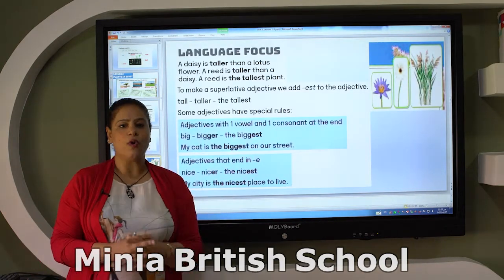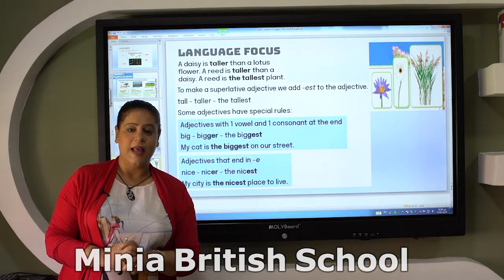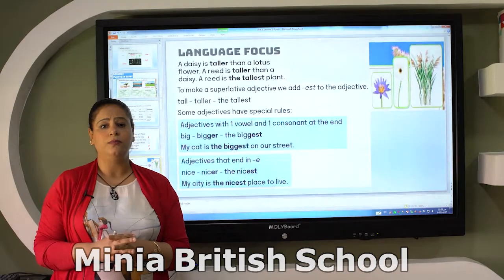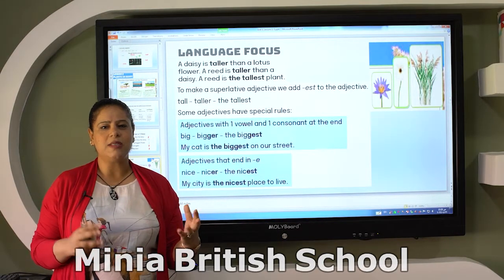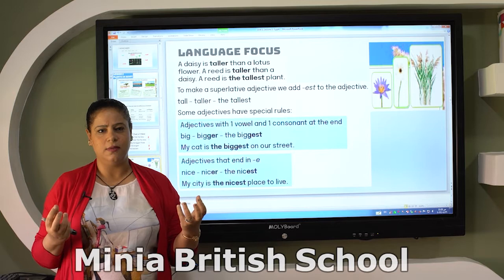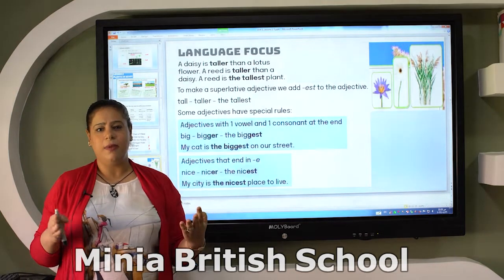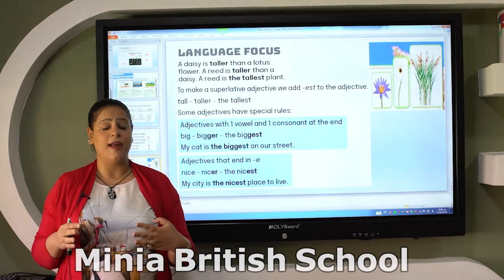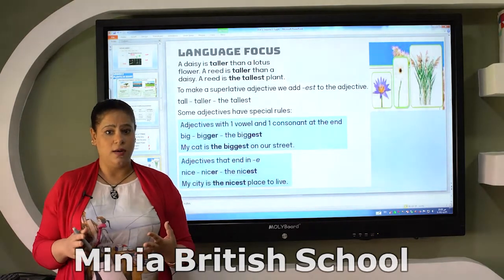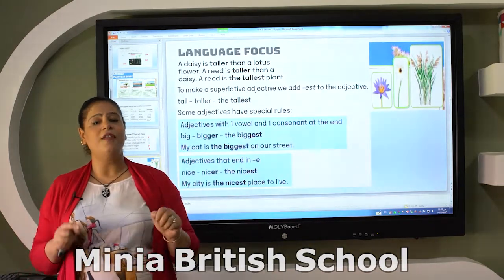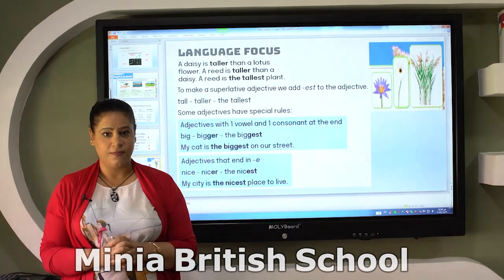Here, language focus of our lesson today. Language focus here is about how to make a comparison between two things or two people. If we would like to say Jack is taller than Billy and Billy is shorter than Jack and so on. So if you have a short adjective, you have to add ER then after the adjective.